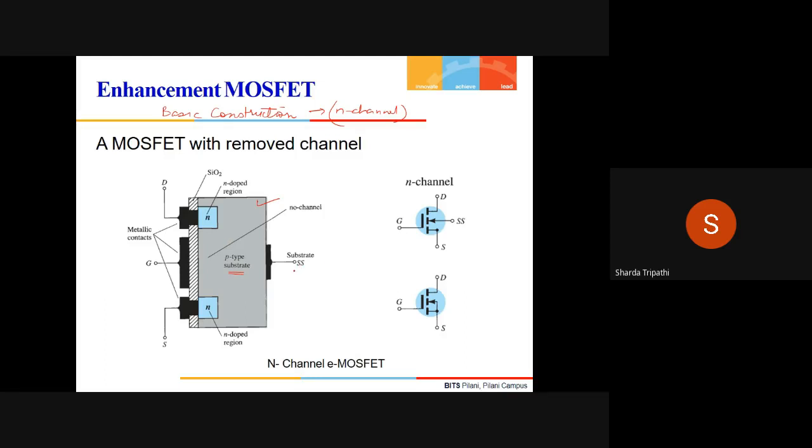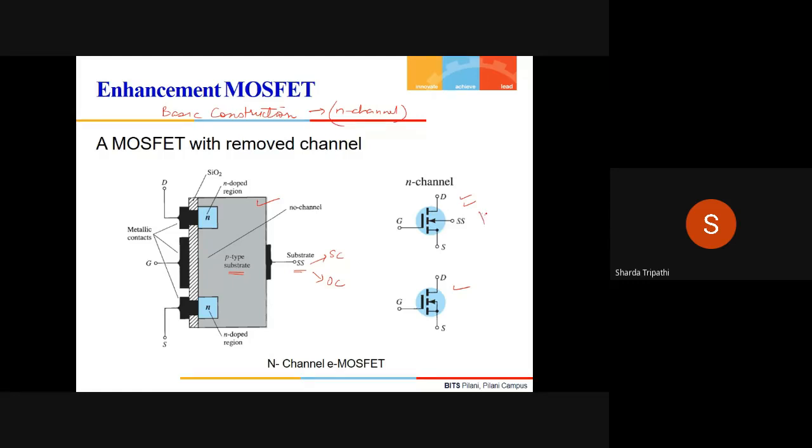This P-type substrate could be connected to the source, in which case this is a 3-terminal device for which the circuit symbol is going to look like this, or the other option is it could remain open, in which case this would be a 4-terminal device.